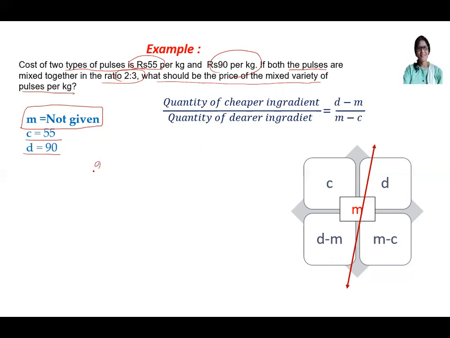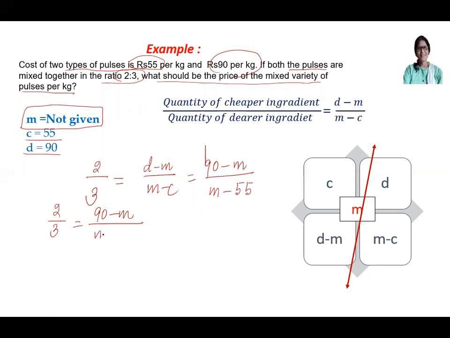So I'll write 2 by 3 is equal to D minus M by M minus C, so D is 90 minus M upon M minus 55.